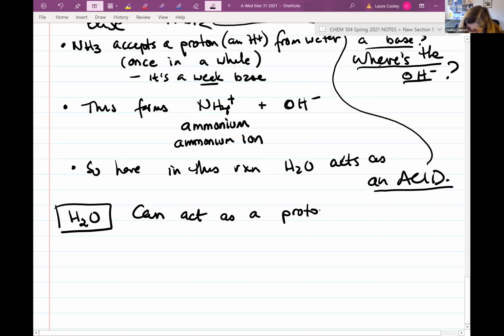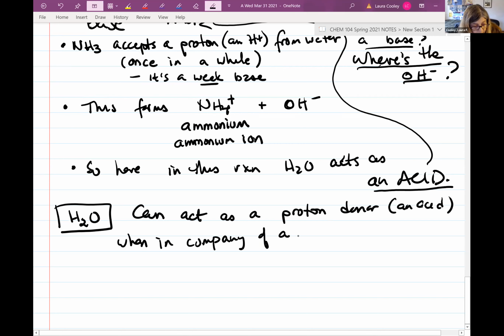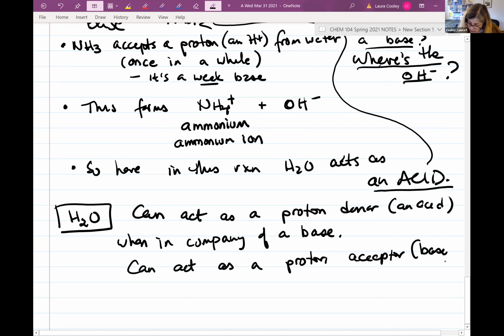So water can act as a proton donor, an acid, when in the company of a base, and it can act as a proton acceptor when in the company of an acid.